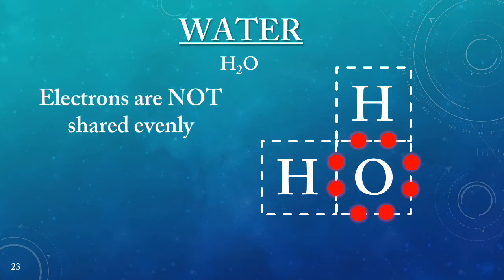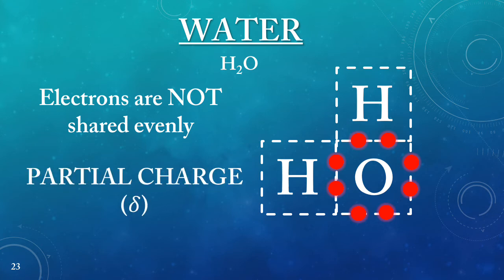So the electrons are not shared evenly. This goes back to the strength that we had before. Oxygen is much stronger. If you remember, oxygen was a reddish color and hydrogen was blue, which is kind of medium. So the electrons want to hang out with the oxygen more because it's stronger.